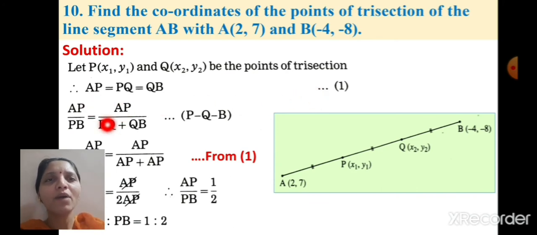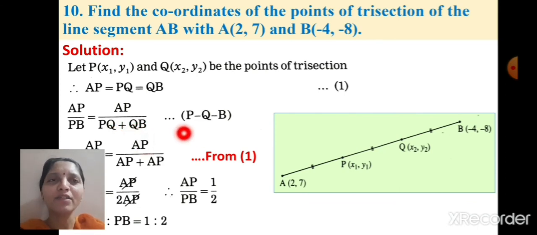Now AP upon PB, we have to find out the ratio here. AP upon PB, that is equal to how much? AP is equal to, now PB you can write as PQ plus QB. Yes, because point Q is the midpoint of seg PB. So you will write here PQ plus QB.